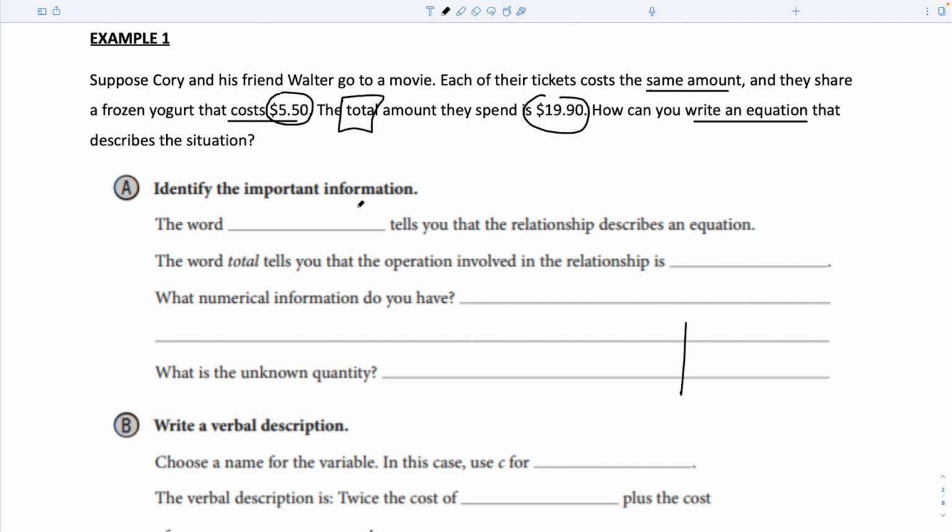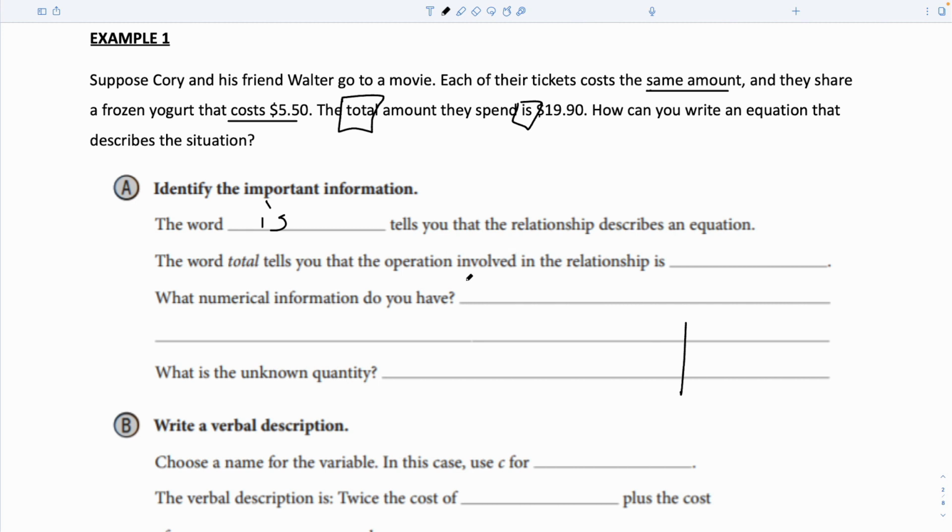Normally the word "is" tells you that you're going to have an equal sign, and I'm scanning for the word "is." It is right here. Box the word "is." And that word is where you're going to start. If you see the word "is," you know you're working with an equation. You're going to have something equaling another thing.